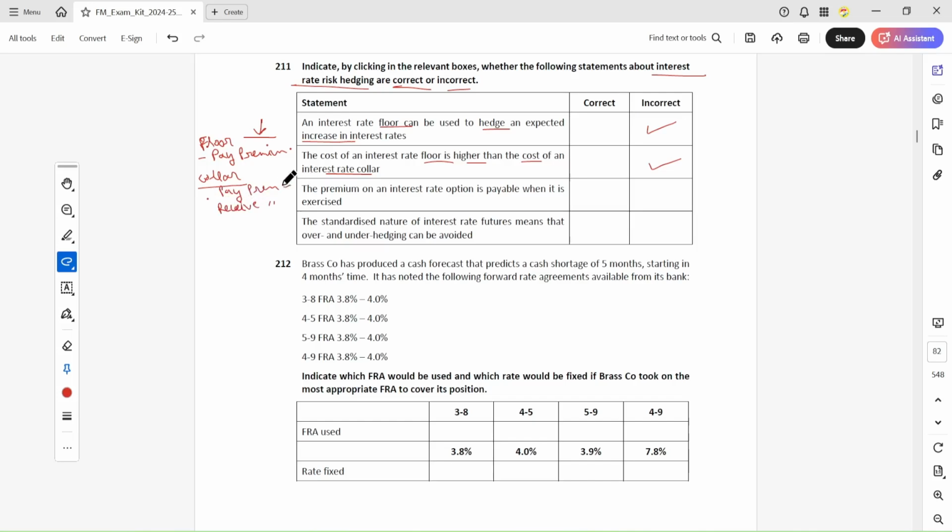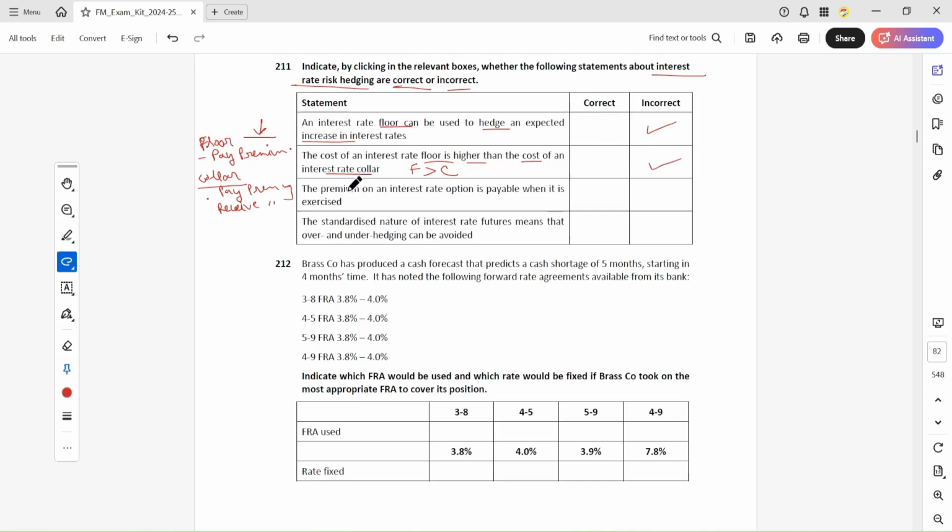So it means the premium paid and received offset each other, and the transaction cost is very low in the collar. Okay, so floor is more expensive than collar. Okay, so this is incorrect.